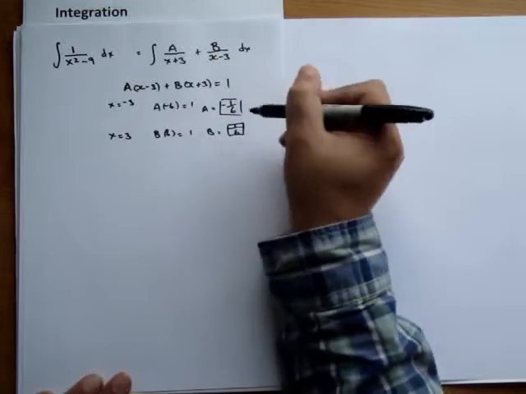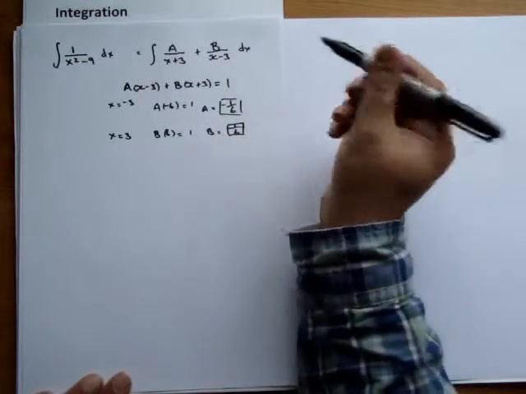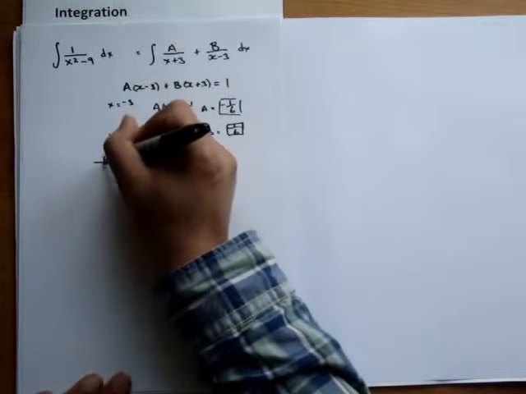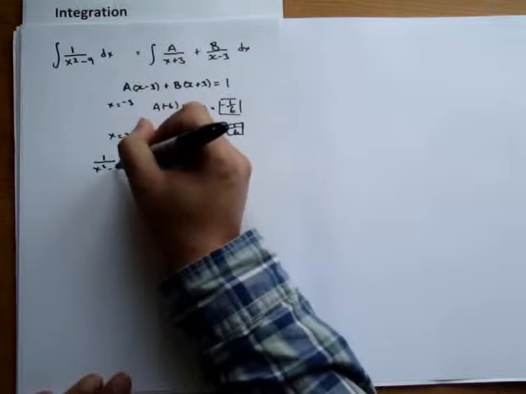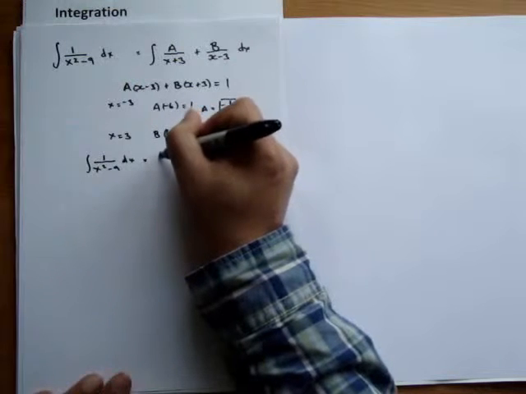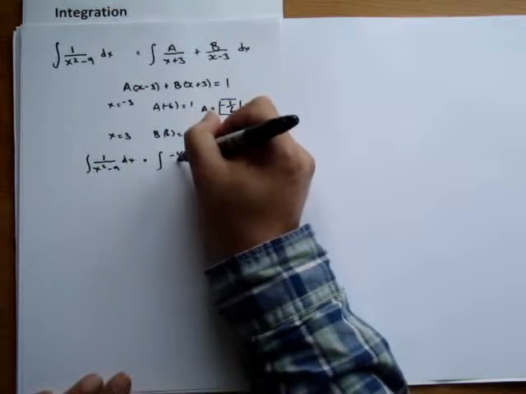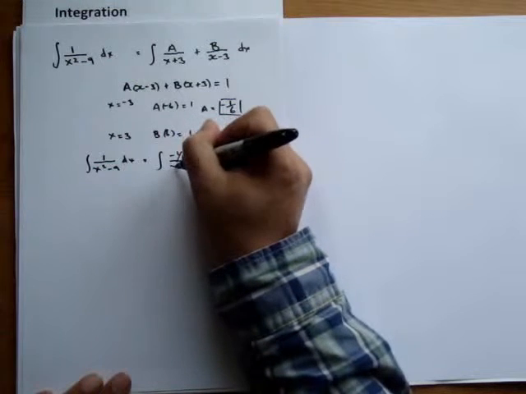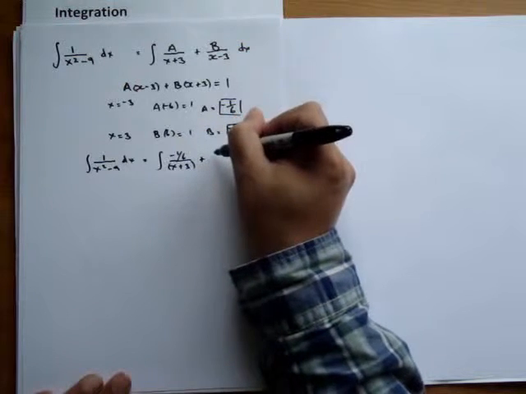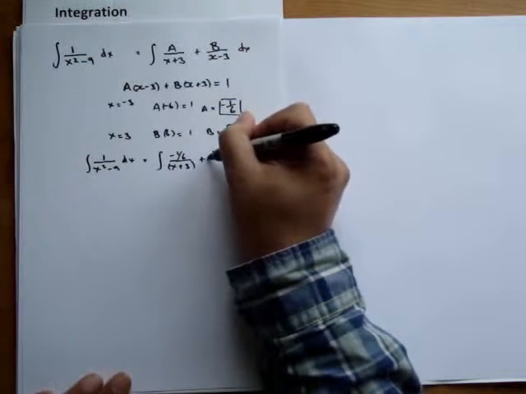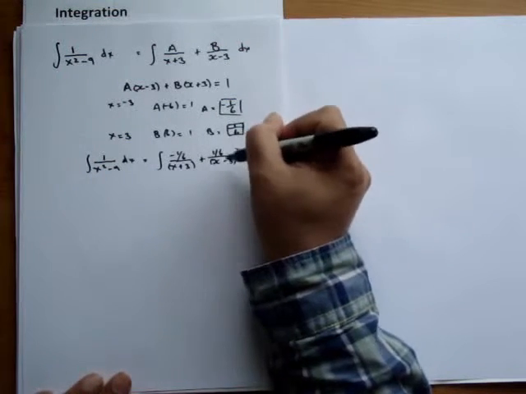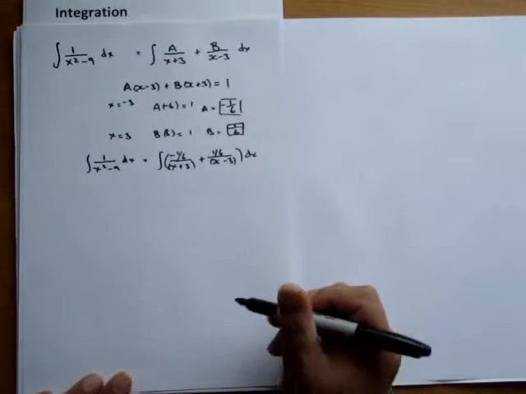We substitute this back into our integral, and we get the integral of 1 over x squared minus 9 dx equals the integral of minus 1 over 6 over x plus 3 plus 1 over 6 over x minus 3 dx.